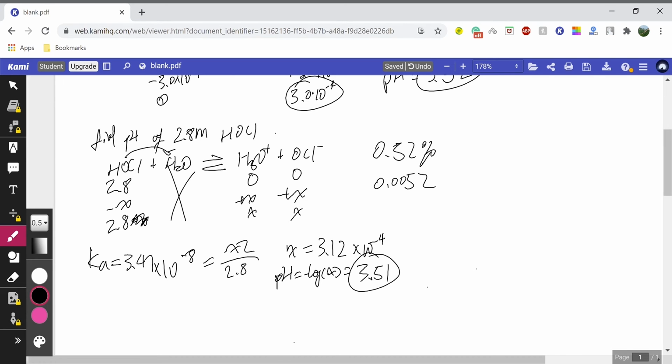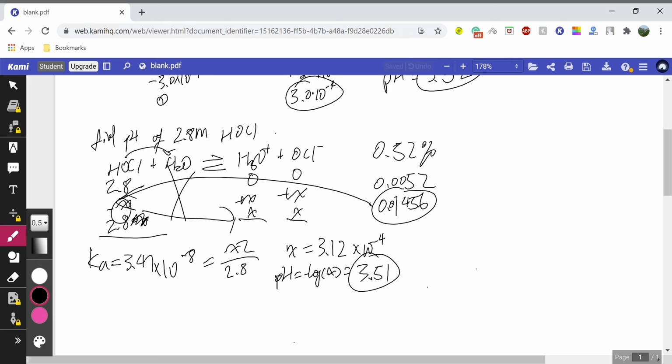So if 2.8 molar of HOCl and 0.52% ionizes, you're going to use 2.8 times 0.0052. And it gives you a number of 0.01456. And that is how much molar of HOCl will ionize. So you're going to use this number and plug into X to get a new equilibrium solution. And since this X over here is going to be the same X over here, you can use this number and just find the negative log of that to find the pH.